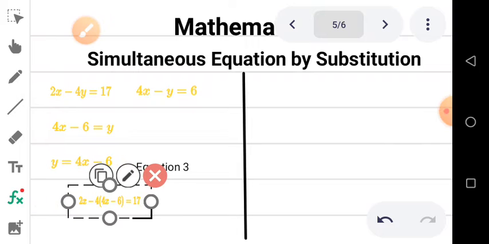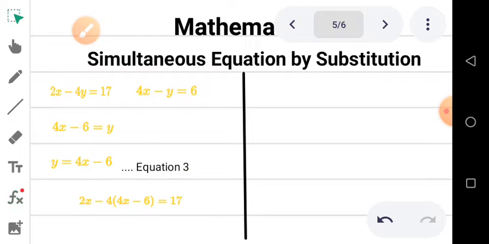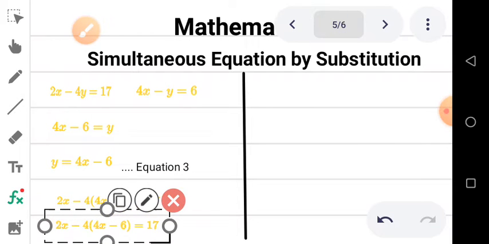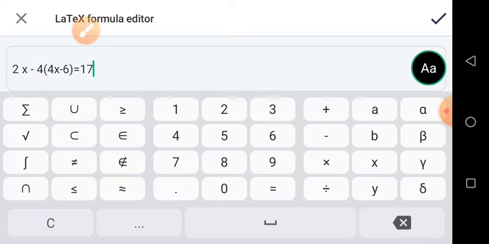So we change it to 2x minus 4 into bracket 4x minus 6 equals 17. This is now what you're going to solve. To solve this, we simply open the brackets.